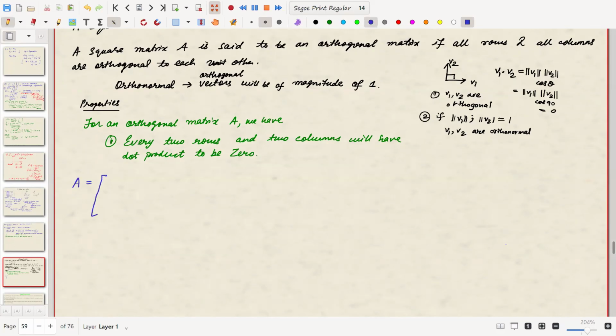It's a 3 by 3 matrix. Now can you check, is A an orthogonal matrix?